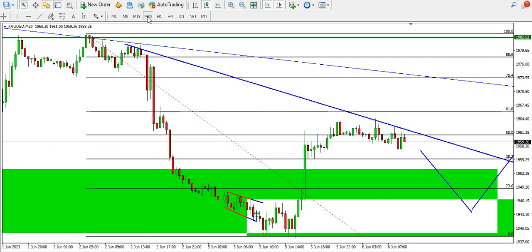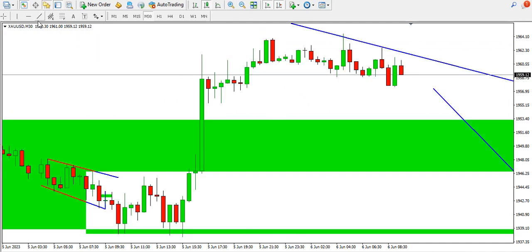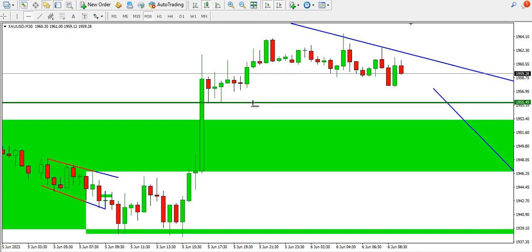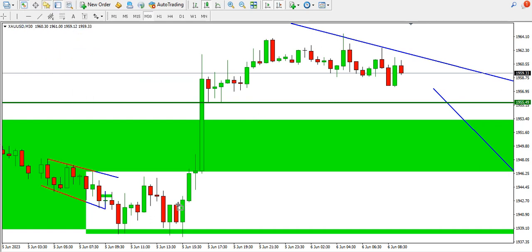Looking at the 30 minutes time frame, we can see that the price is still bearish. The sellers, the bears, are still in charge, and we might be seeing a failure of the 1955 level. We might see a drop to this particular order block within an order block within another block.